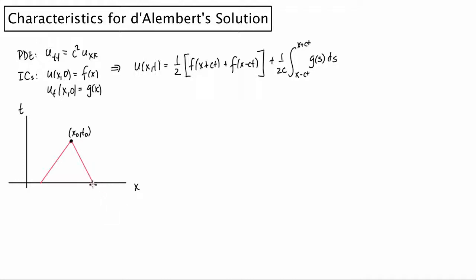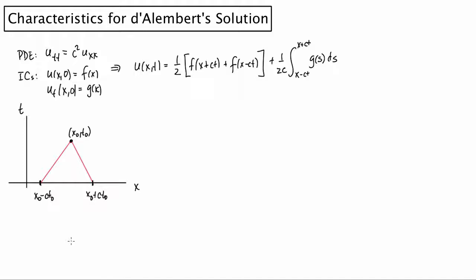intersect the x-axis. In other words, whatever the initial disturbance was that led to this point, it came from these two points. Specifically, this is the point x0 minus ct0, and this is the point x0 plus ct0. In other words, the disturbance spread at speed c, and so backtracking to get to this point had to come from a cone, spreading out c in either direction.